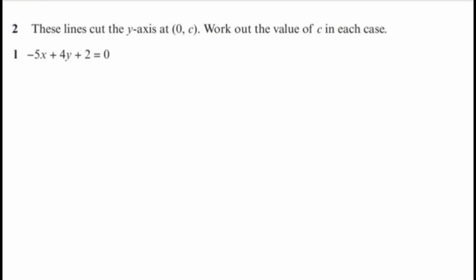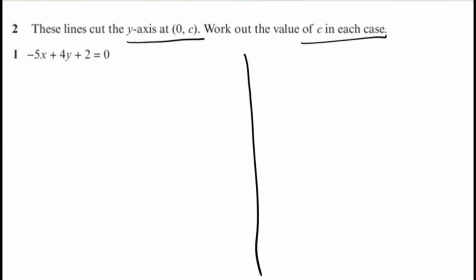Question number 2. This line cuts the y-axis at 0, c. Work out the value of c in each case. So this question we can do two ways. I will show you both ways. The first, we can make y the subject. So that will give me c as an intercept, right?